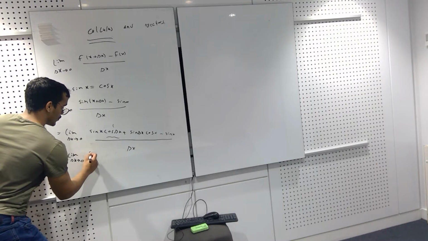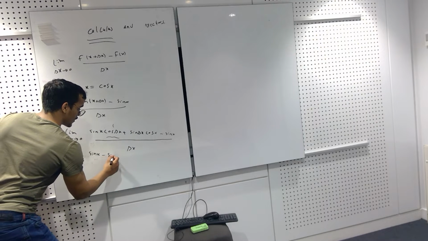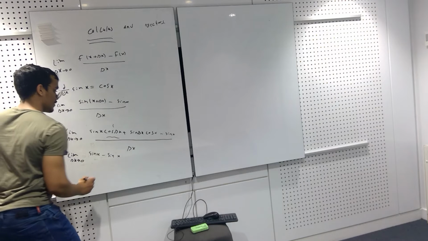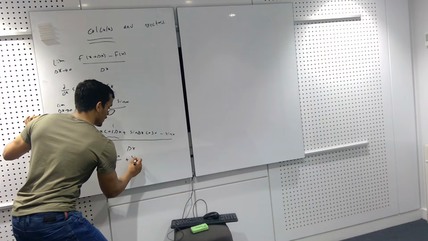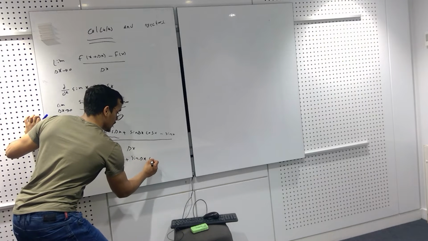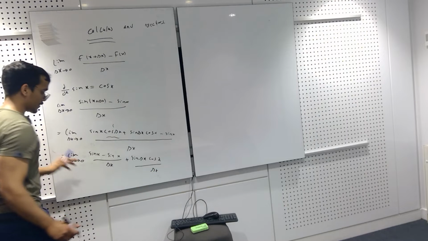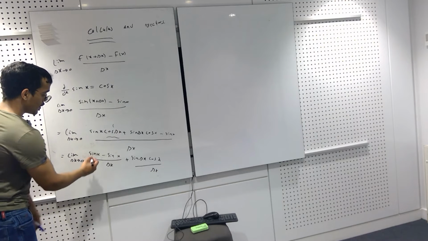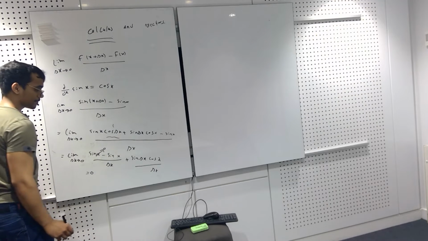I say this is just 1, so we have sine of x divided by delta x, plus sine of delta x cosine of x divided by delta x. For the first term, sine of x times the 1 minus 1 is 0, and 0 divided by anything is 0.